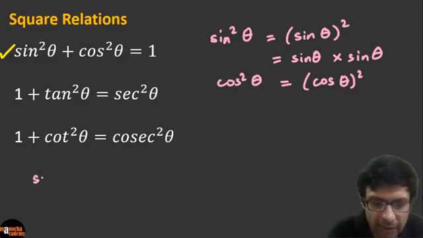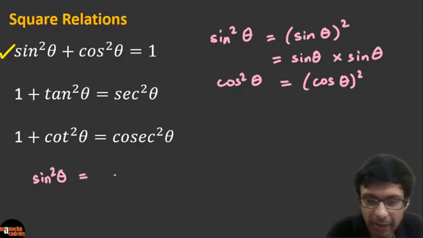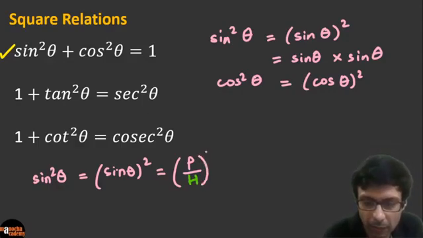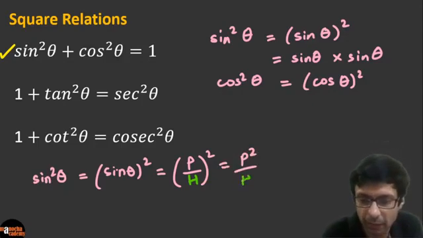So sine square theta is what? Basically sine theta whole square, as we said here. And what is that going to be? It's basically perpendicular by hypotenuse whole square, so we can say that's p square by h square. Does that make sense?